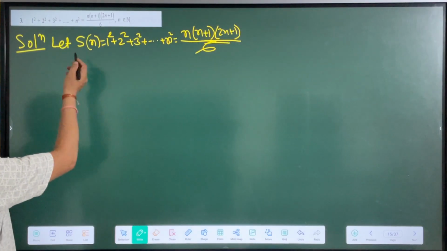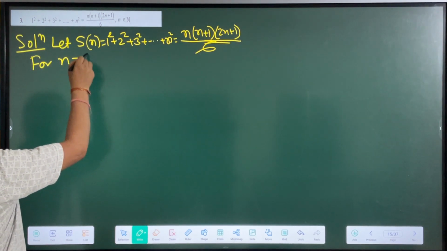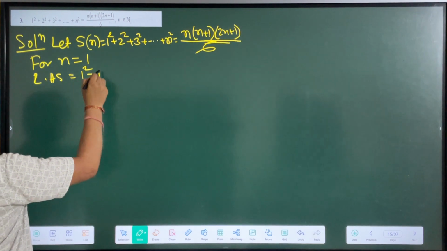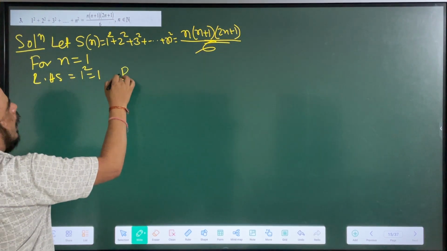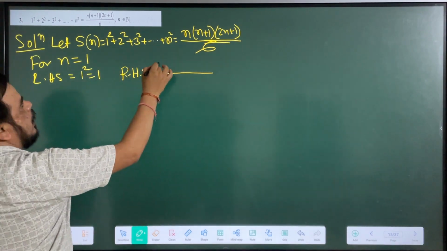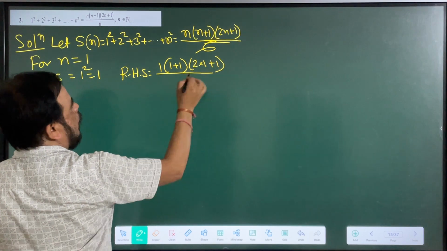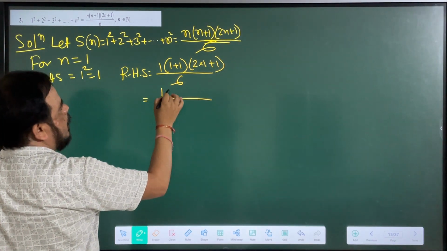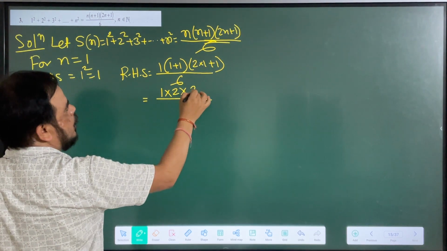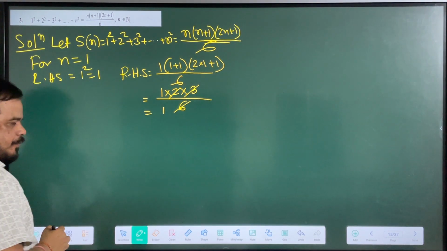So next, first duty is to write for n = 1. LHS equals 1² is 1. First term is 1², 1. RHS, let us do the calculation. In place of n, 1. So 1 into (1 + 1) into (2 into 1 + 1) by 6. 1 into 1 plus 1 is 2, 2 and the 2 plus 1, 3. 6. 2 into 3 is 6, 6 cancel 1.